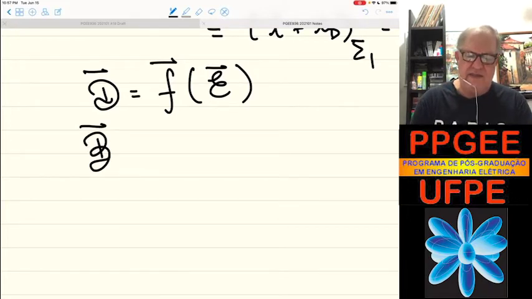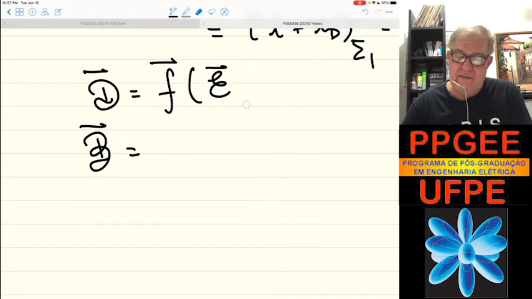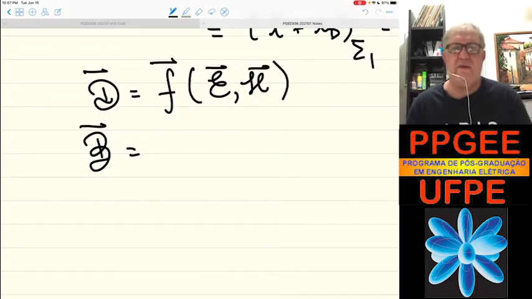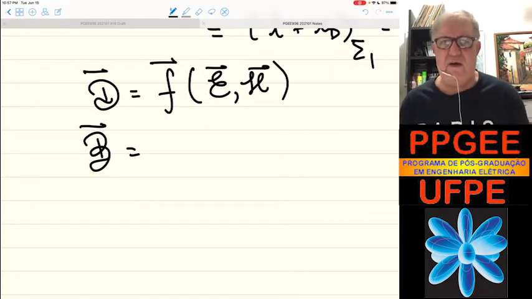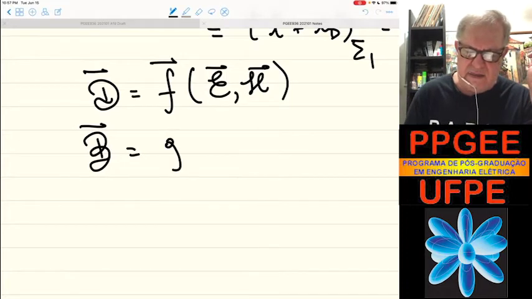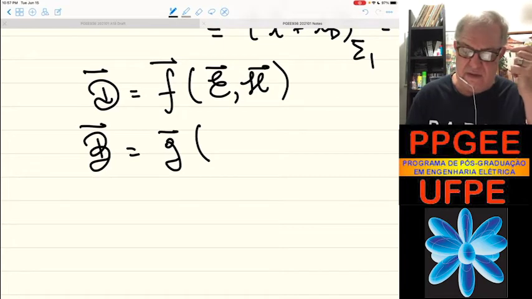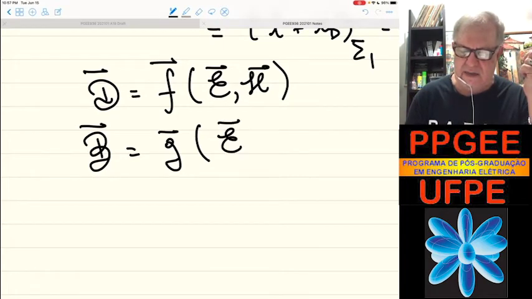B as well is a vector function of H, or in a more general way, we can talk about E and H, right? H might influence D somehow in this generic material, and B is also a more general constitutive relation, that is, B might be influenced by either E or H as well, right?